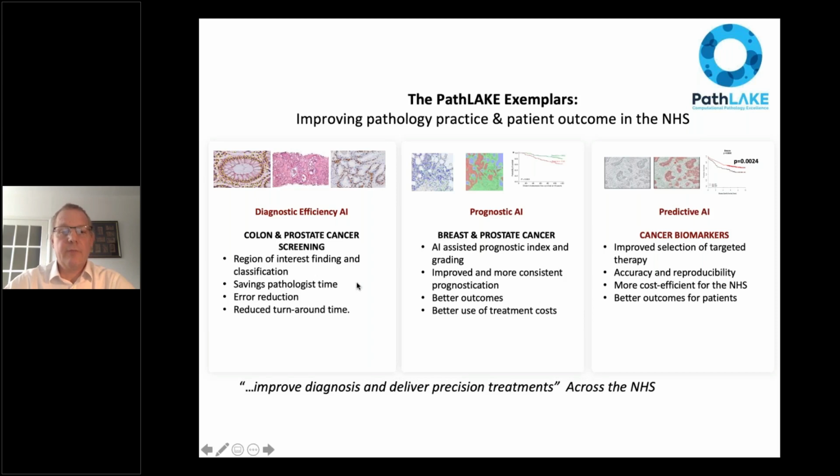First of all, in the form of diagnostic efficiency through colon and prostate screening tools to detect, in the case of colon biopsies, to be able to automate the reporting of normal biopsies so that we could remove normal colonoscopic rectal biopsies from the workload, allowing pathologists time to concentrate on the cases which contain disease, and also use the algorithm to triage those cases on a basis of urgency depending on the disease which has been detected.